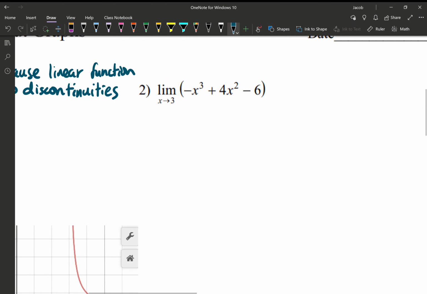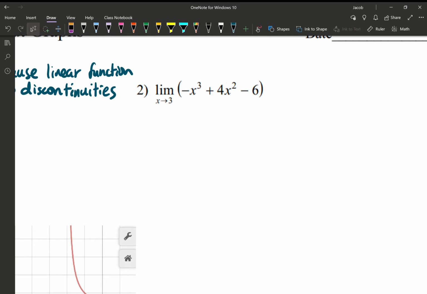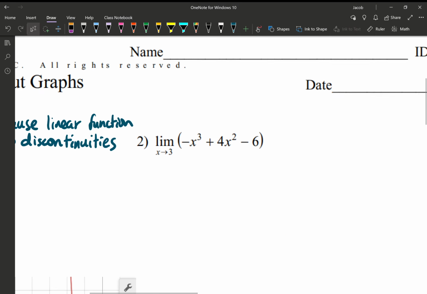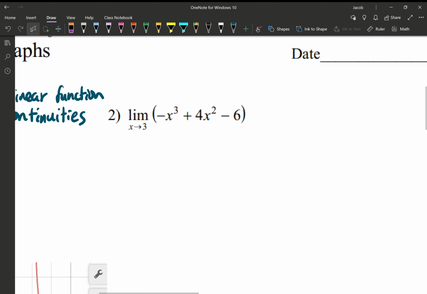So the next question is, what's the limit as x approaches 3 for this function? Well, this is a polynomial, this is a cubic, and it's facing down. We don't need to graph it. You need to think, is this function continuous? Does it have any discontinuities?